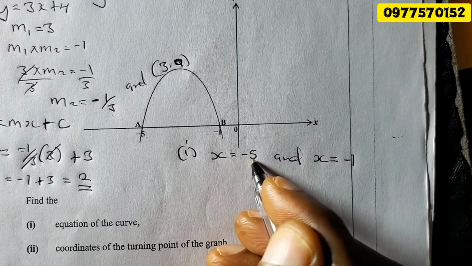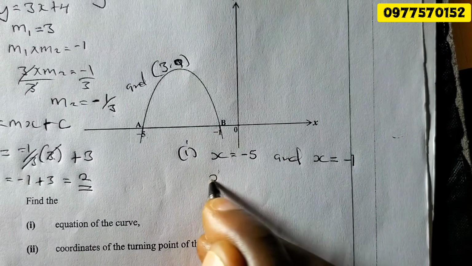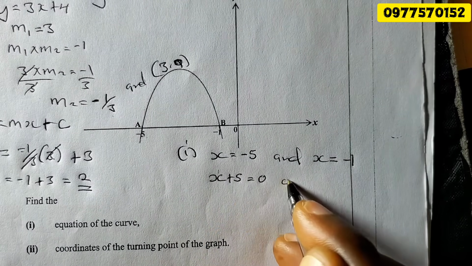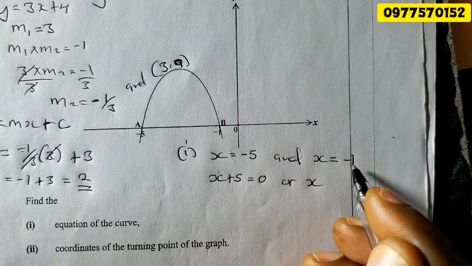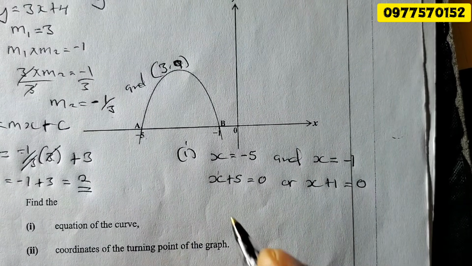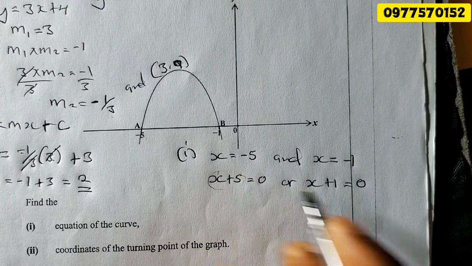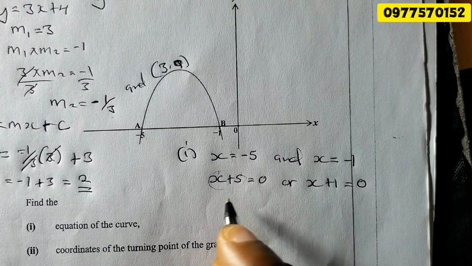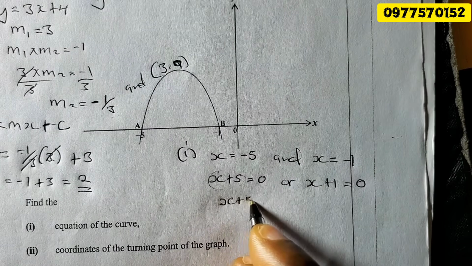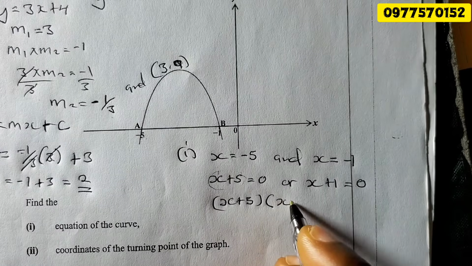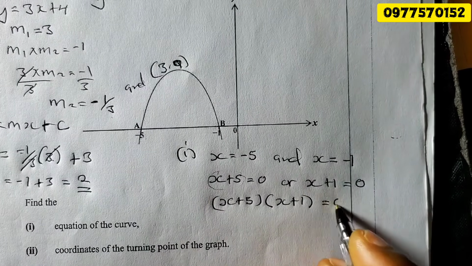So we're going to take these to this side. We're going to say x plus 5 is equal to 0, and x plus 1 is equal to 0. Then we're going to multiply these. To show that we're multiplying, I'm just going to write the brackets: (x plus 5) multiplied by (x plus 1) is equal to 0.